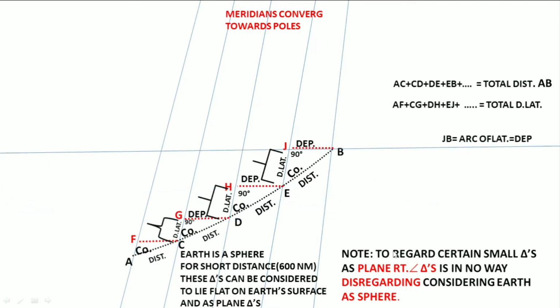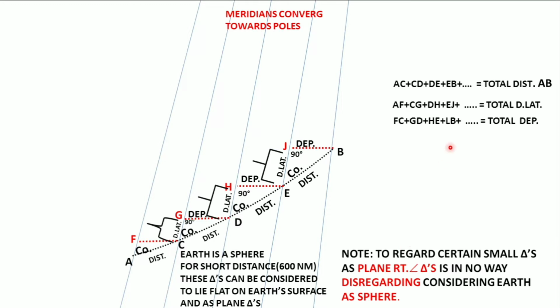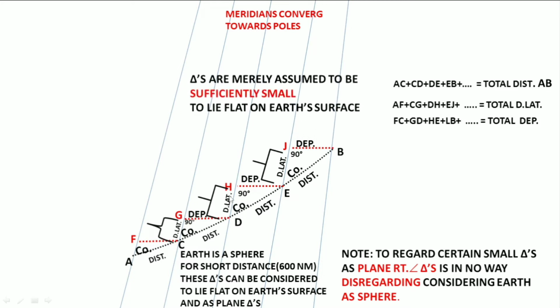So if we are able to add up all these departures together, we get the total departure between A and B. And these triangles, I'm just assuming that they are sufficiently small that they can be lying flat on the surface of the earth. As I said, we are not disregarding the fact that the earth is a sphere.